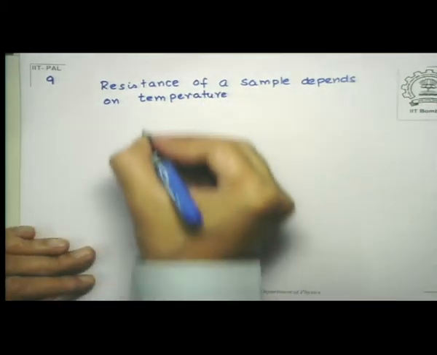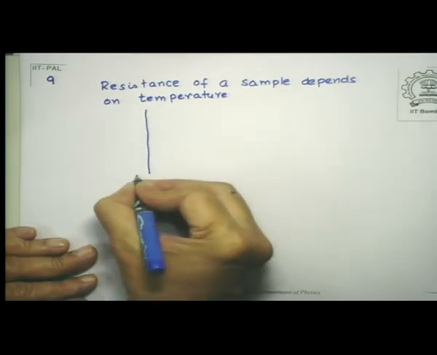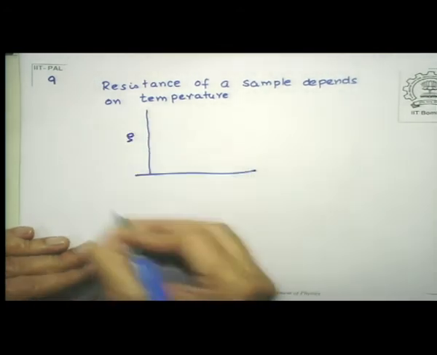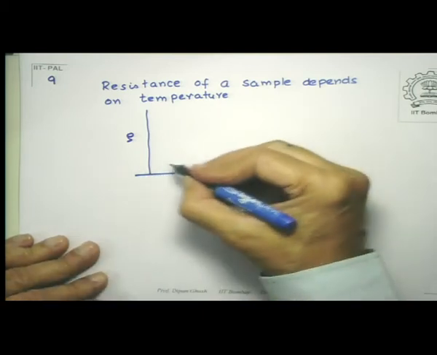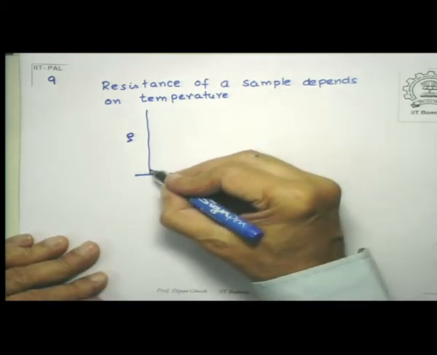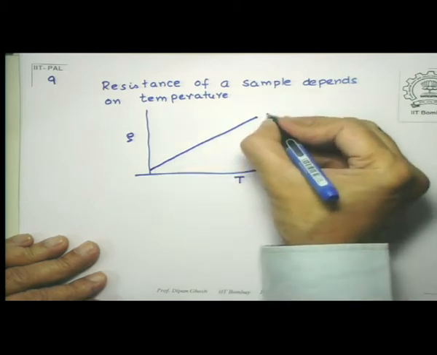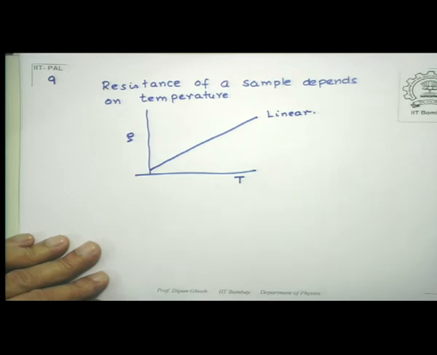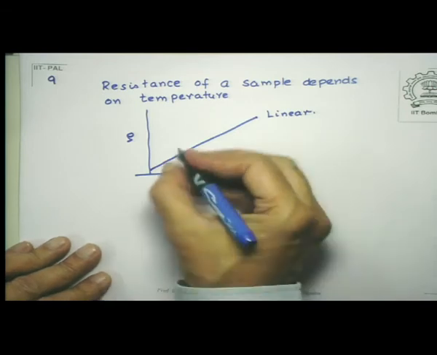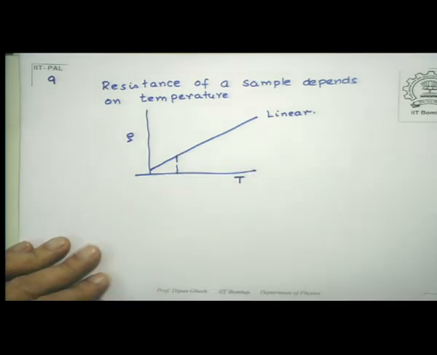Now the typical variation of resistivity of a sample with temperature has been found to be roughly linear. Since it's a linear curve, you can take any point as your reference.